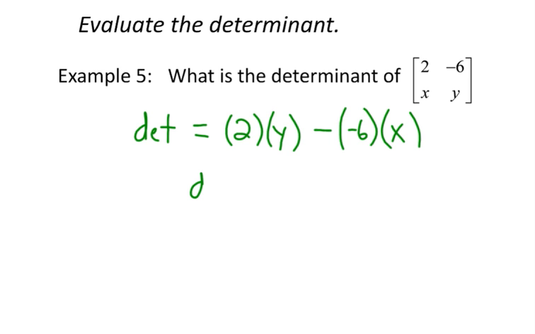So the determinant is equal to 2y plus 6x. So there's nothing really we can combine or simplify here. We don't know what x and y are. We just know that we found the determinant based on the matrix given.